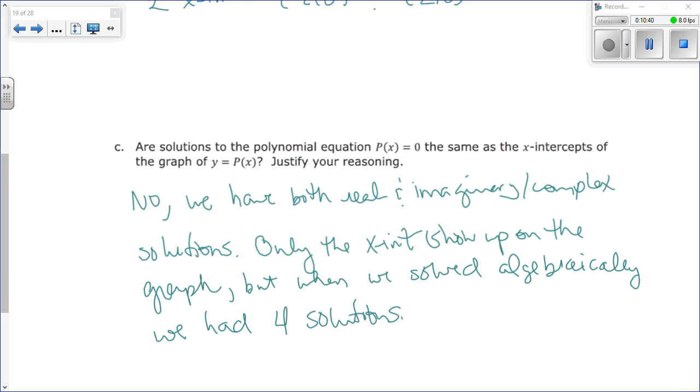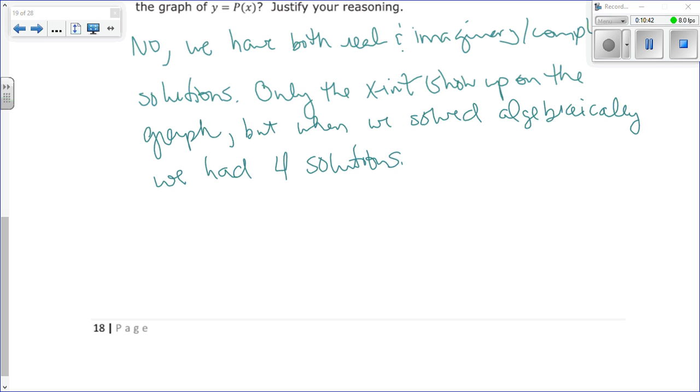Okay, so if I were to actually graph this function, you can see I have a root at (-2, 0) and a root at (2, 0), and my graph is going to look something like this.